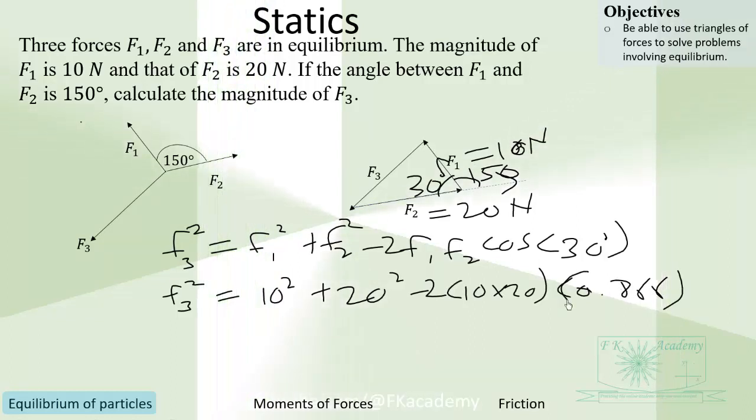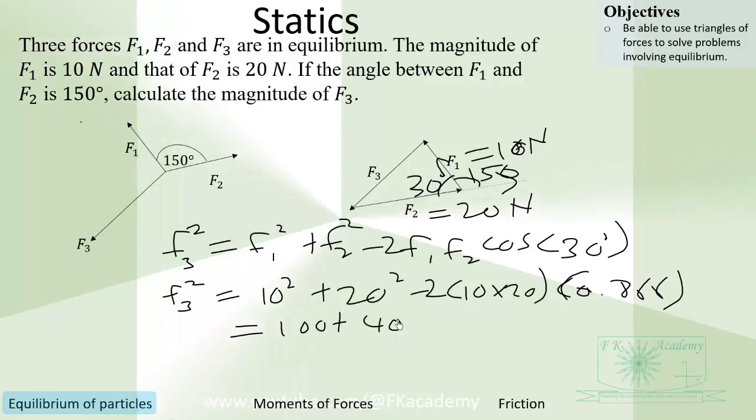So this will give us 100 plus 400 minus 346.4.